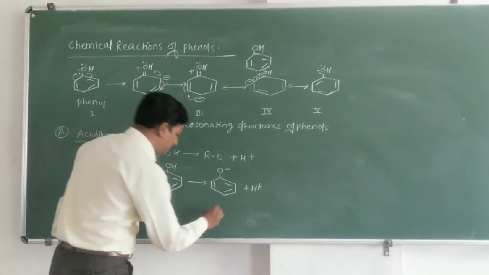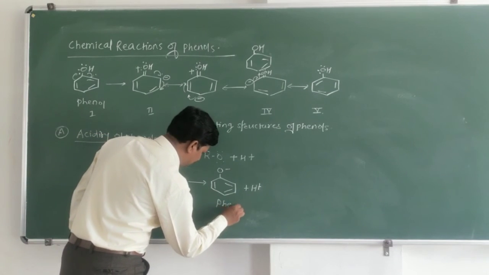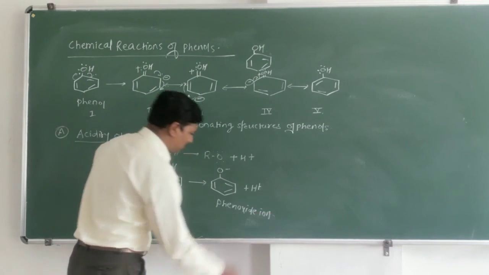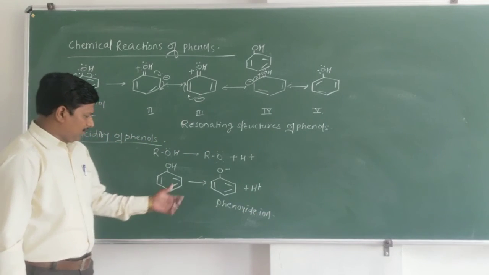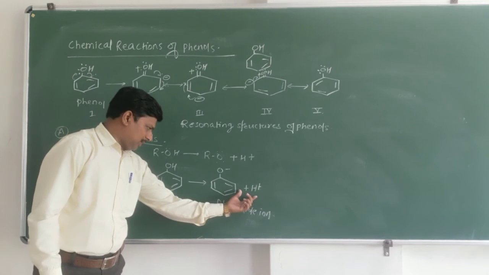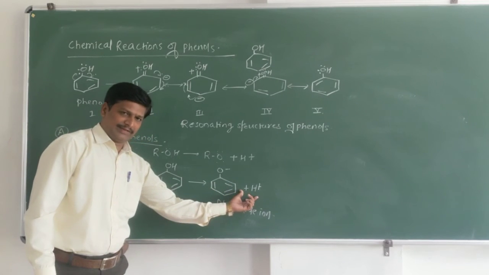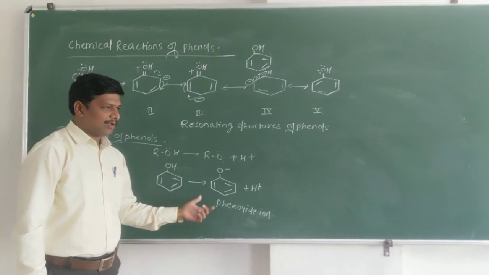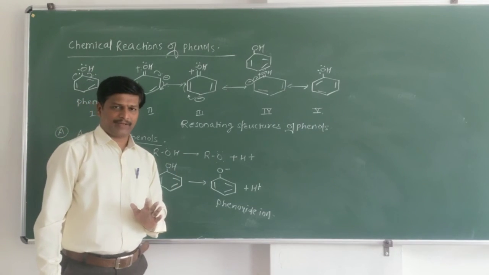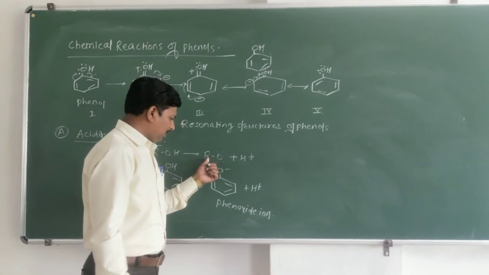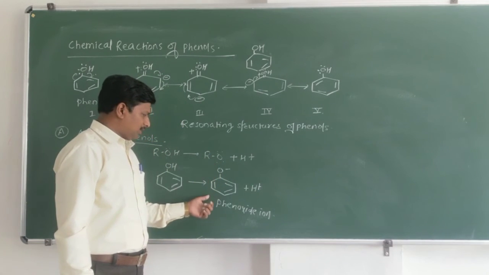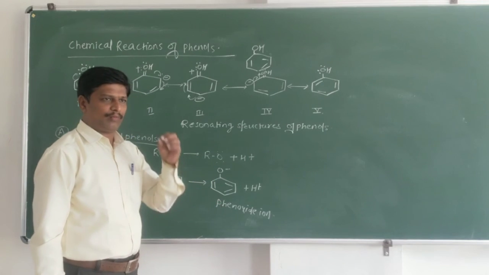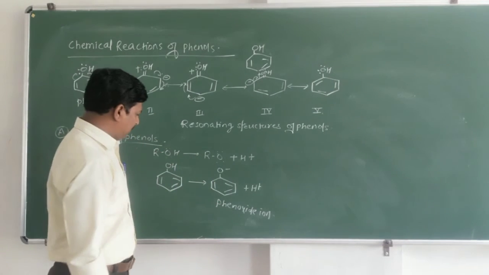These are the phenoxide ions. Due to this evolution of hydrogen gas, again it indicates that phenols are acidic in nature. So actually this is the difference between the acidity of alcohols and phenols. Of course, both are acidic in nature.